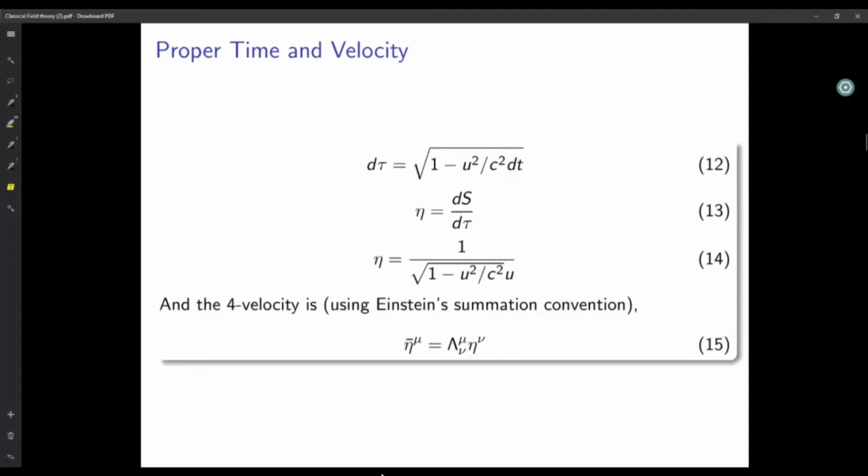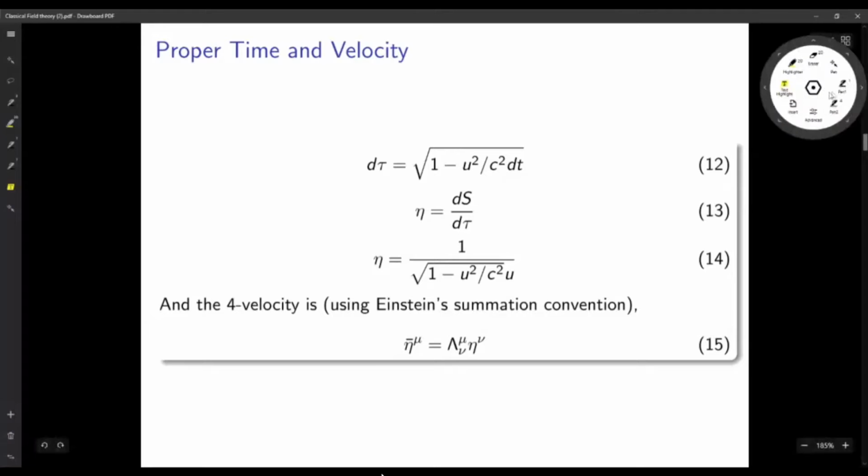There's a bit of change in convention here. Eta is just ds by d tau, where tau is the proper time and ds is just your displacement. This is very familiar: displacement by time is just your velocity.